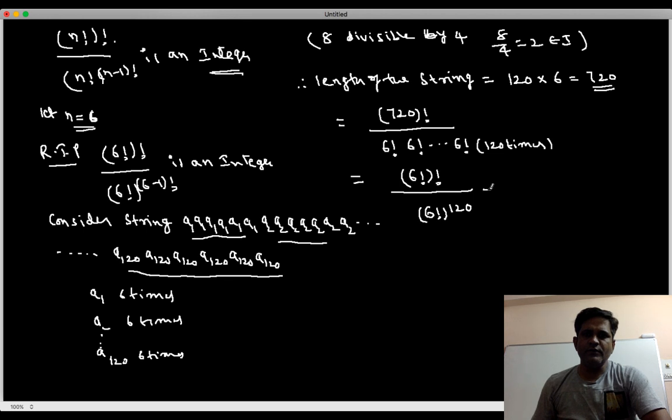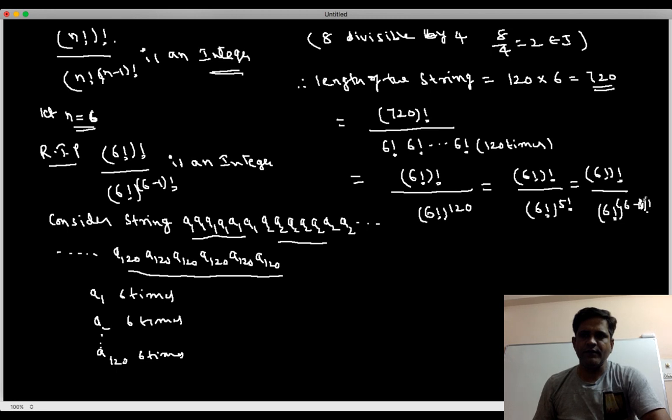Which equals 6 factorial factorial over 6 factorial power, this 120 can be written as 5 factorial, and this 5 factorial is nothing but 6 minus 1 factorial.